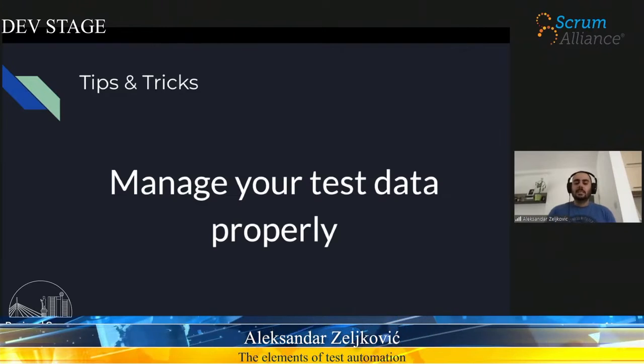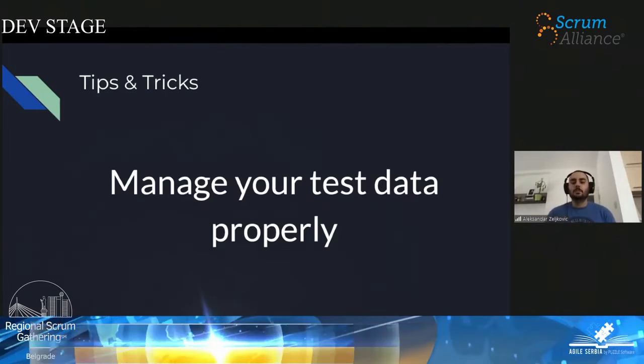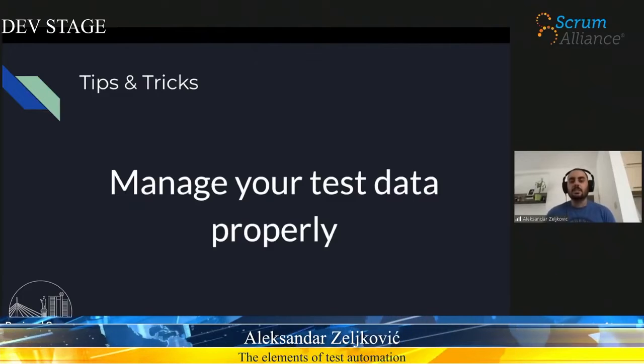So you're basically not covering the realistic use cases with your test automation, and that test automation will not return the expected value. That's why I'm repeating once again, take care of your test data, invest time and money in the analysis, prepare good test data, because that investment will return in the end.